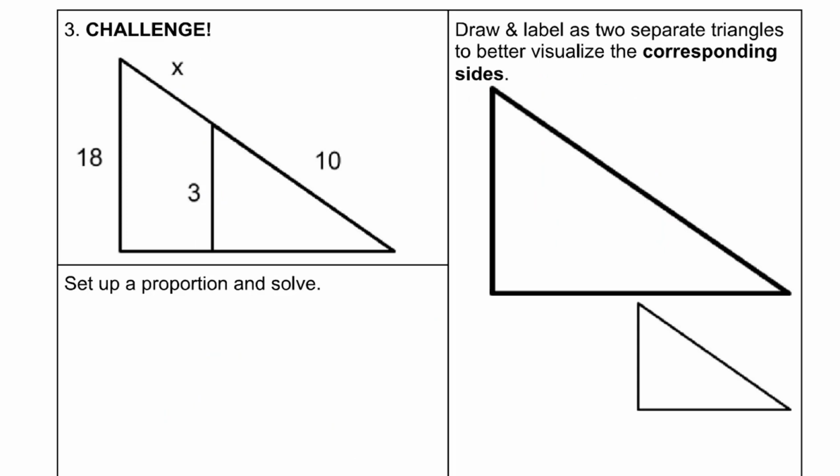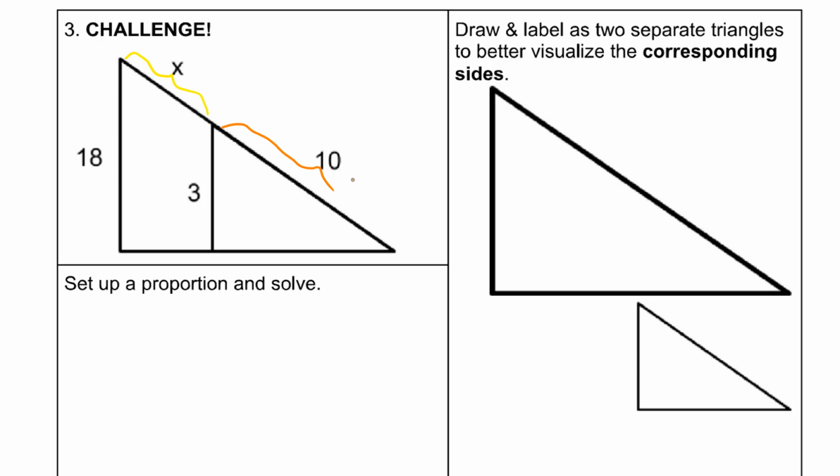Try to label the two separate triangles at right from the given diagram. Now this one's just slightly more challenging. It should be noted that since x occurs between these two lines, x is only the length between these two lines.